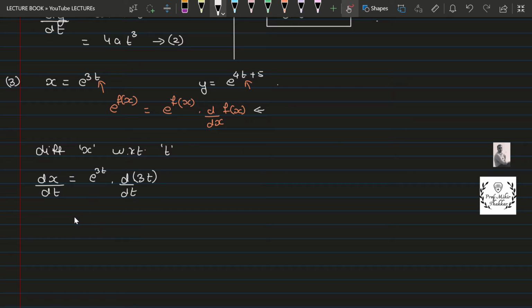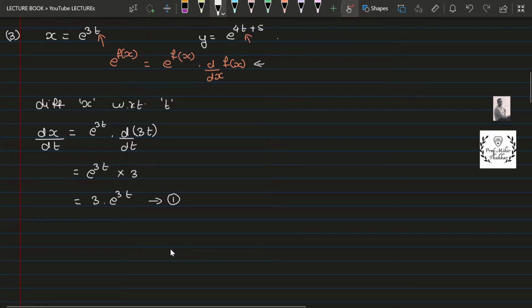So this is equal to multiplied by 3 because derivative of t is equal to 1. So the answer is 3 into e raised to 3t. We consider this is our equation 1.